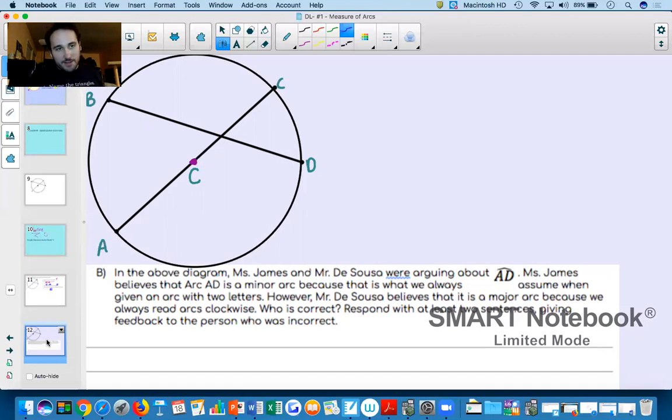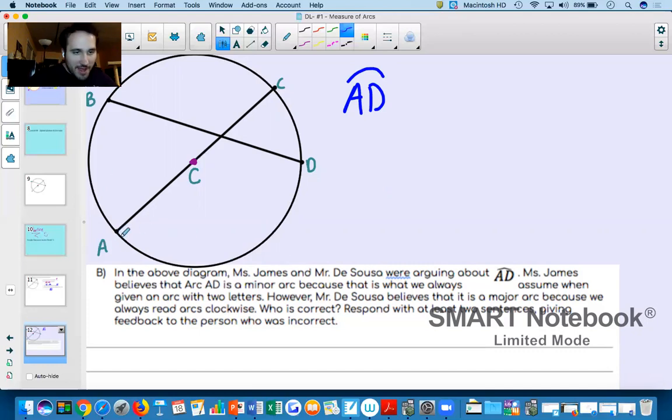So a couple of things. I'm not always right, okay? Ms. James happens to be correct, but let's actually look at what I said first. Actually, I lied. Let's start with Ms. James. James says that she believes that arc AD, remember we use a little arc to notate that, is a minor arc because we always assume when we're given 2 letters that we are referring to a minor arc.